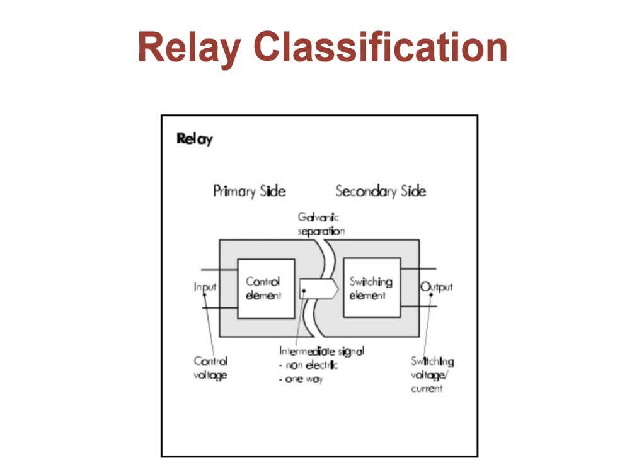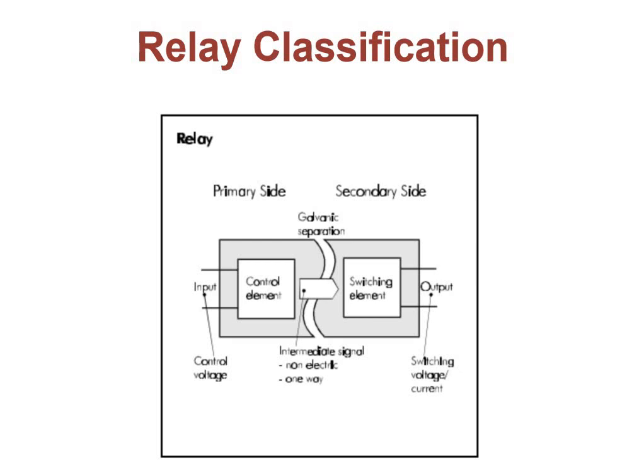The basic principal functions are: first, the conversion of an electrical input signal on the primary side to an intermediate, non-electric physical signal. The second principal function is reconversion of this non-electric physical signal to operate a switching element on the secondary side, such as contacts which switch and conduct electric current for the output circuit or load.